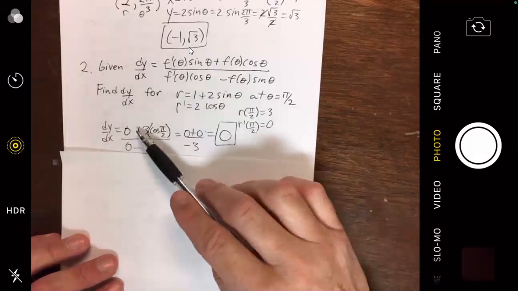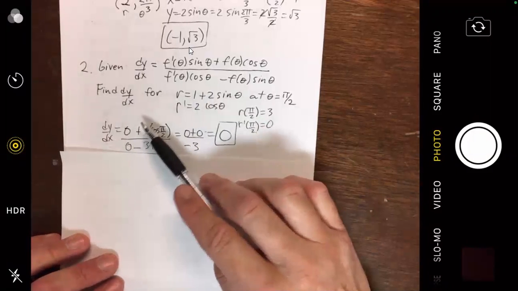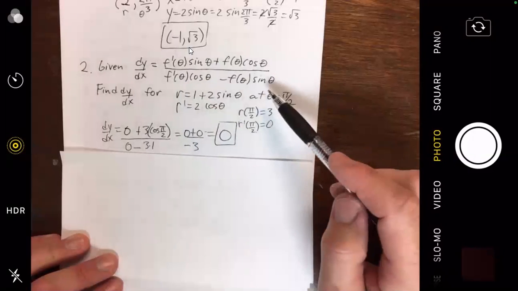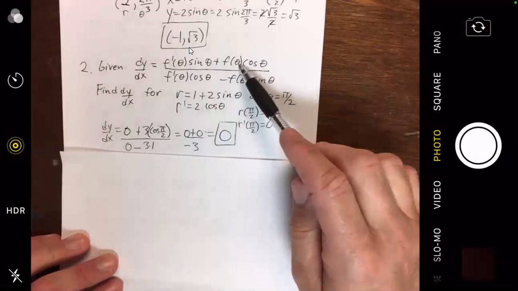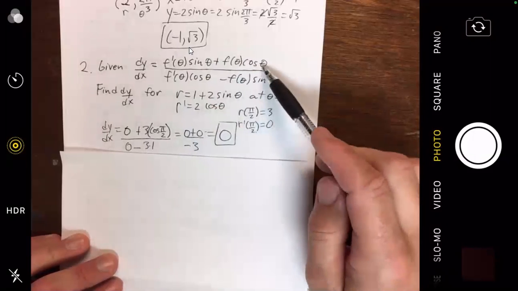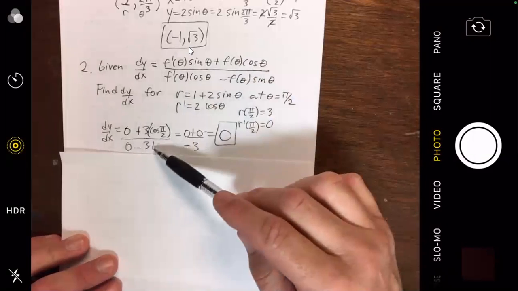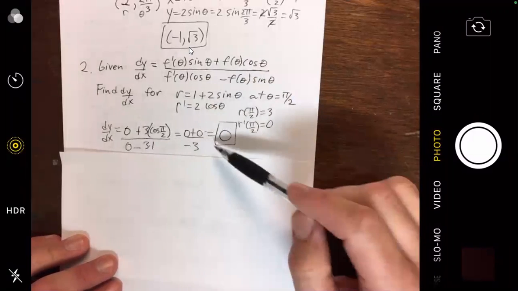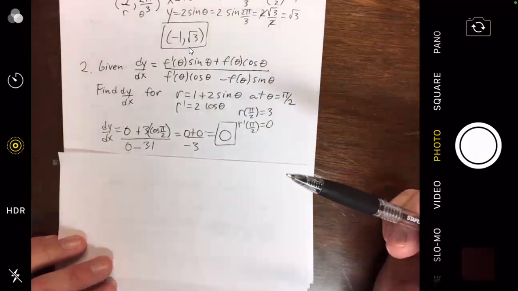So plugging and chugging, you would get 0 for both these pieces. The r, f of theta, is 3 there, times cosine of pi over 2, which is 0, and 3 times 1, sine pi over 2, which is 1. 0 over -3 is 0.